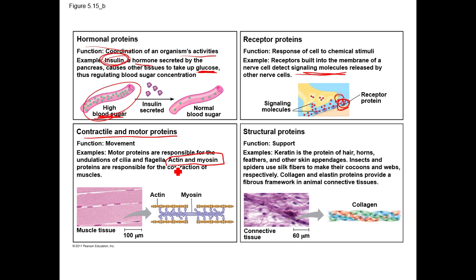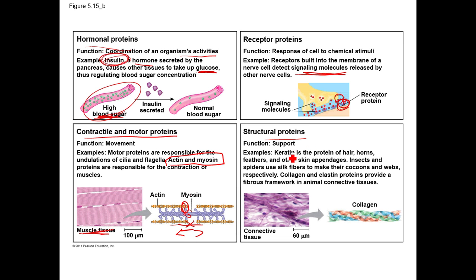These two are important in movement of your muscle tissues, your skeletal muscle tissues. So here's the myosin fibers and here's the actin. And the myosin actually links up with the actin and it actually causes it to contract, to pull together. It'll pull these two parts inward together, and then as it releases, it will release them back out.